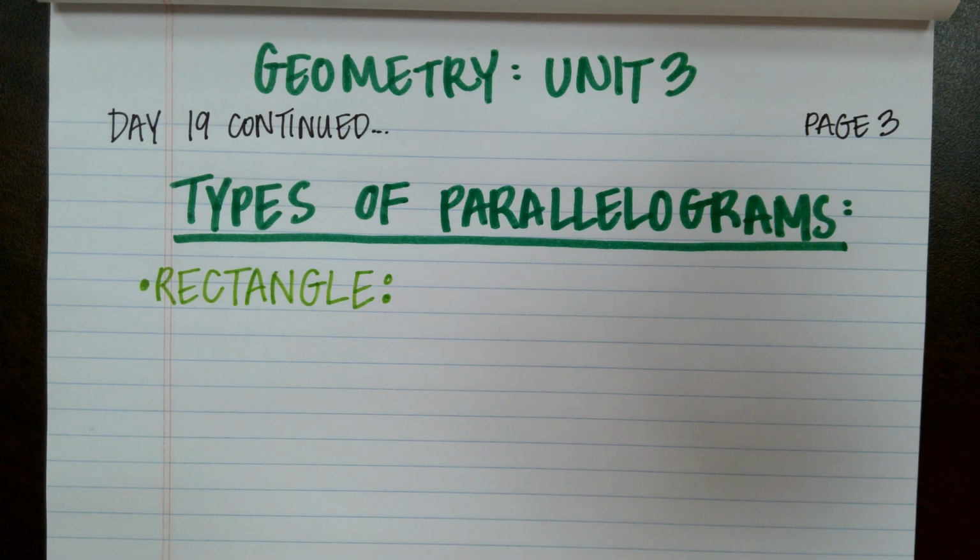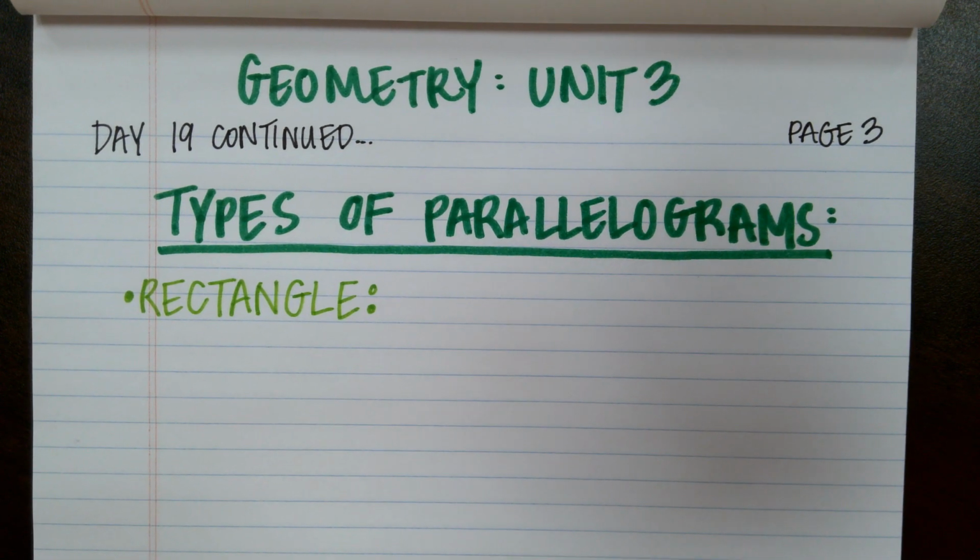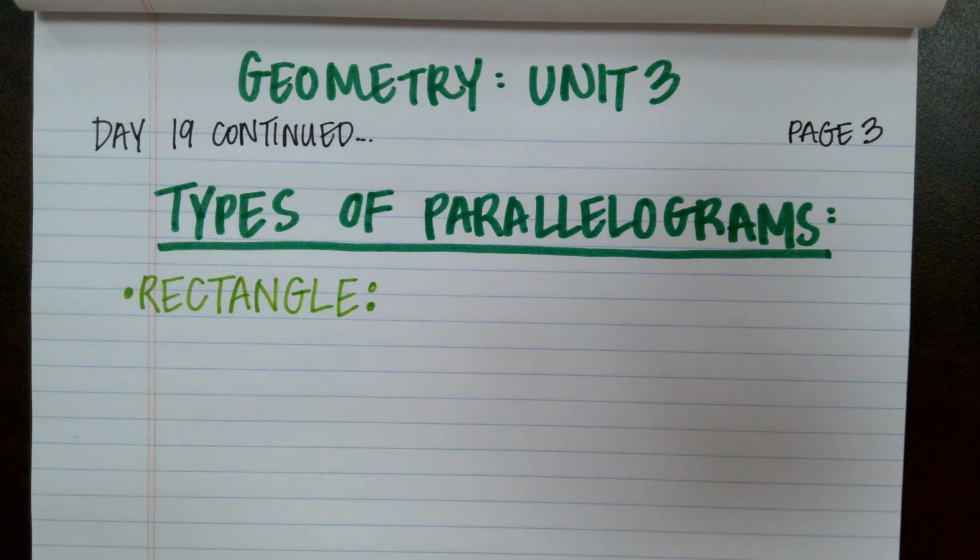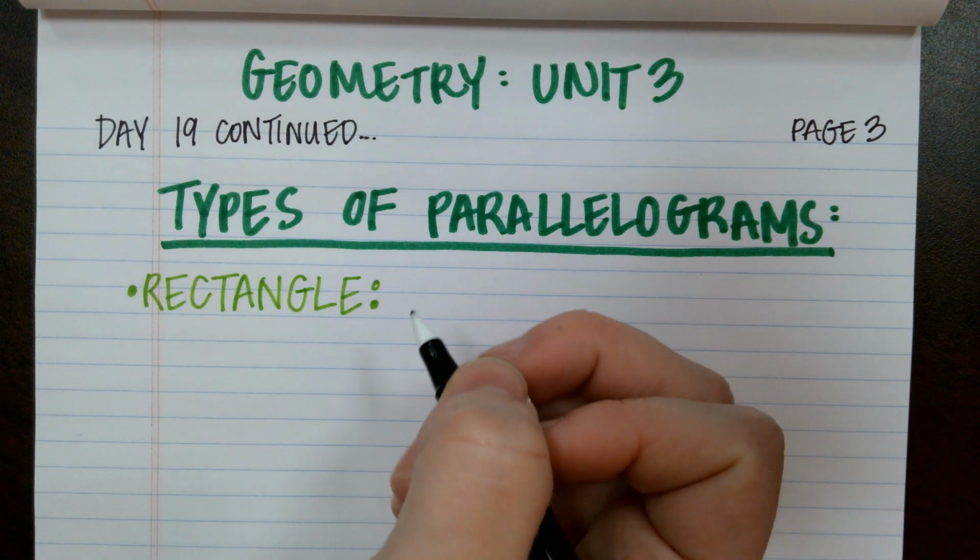Now, I'm sure that you all know what a rectangle might look like. I'm sure you can picture one in your mind. There's also some requirements that we might not have really thought about. So let's start with talking about the angles.